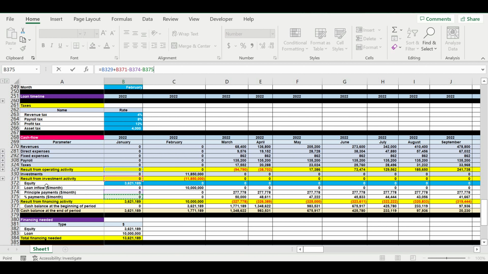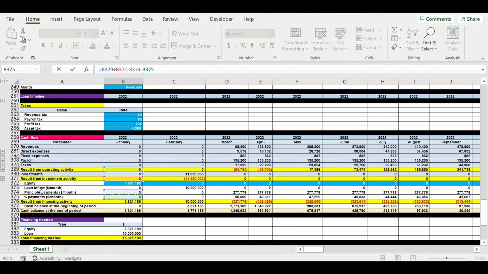We are not adding equity, the money that we put from our pocket, and we're not adding the loan, because if we add these two lines, we will never be able to see the payback period, because it will be zero on the first stage.